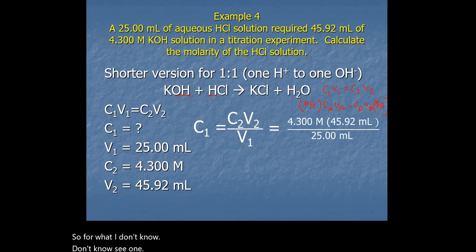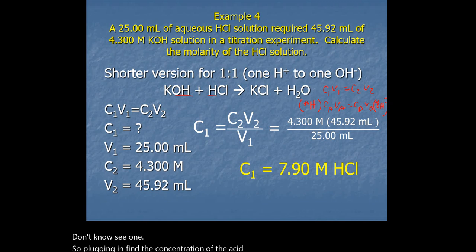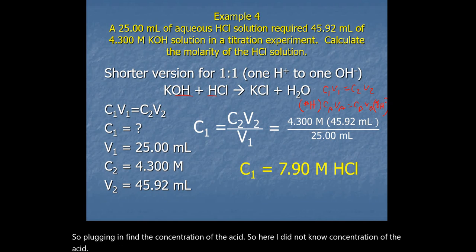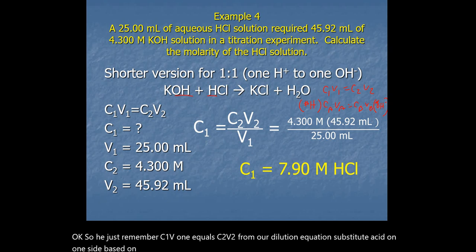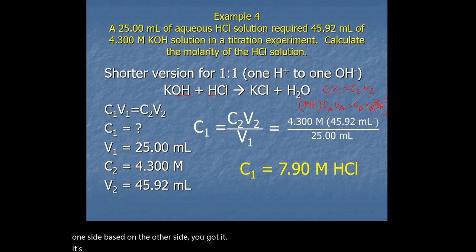So plugging in, I find the concentration of the acid. If you just remember C1V1 equals C2V2 from our dilution equation, substitute acid on one side, base on the other side, you got it. Makes it very simple. We've already done this.